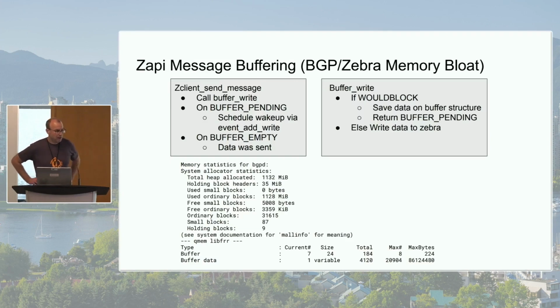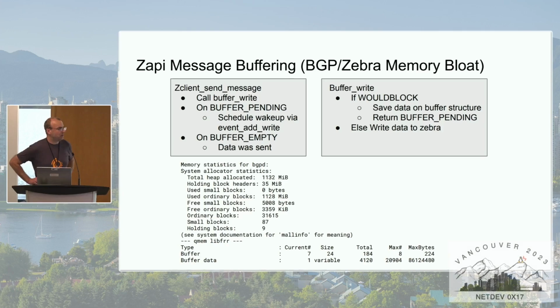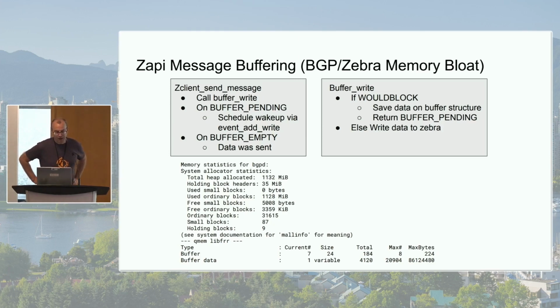All right. So how does sending data to Zebra work from the BGP side? We have this idea of a buffer, where when you call a buffer write, we will attempt to write the data to the file descriptor, and if we receive an EWOULDBLOCK, we immediately save the data to the side in a buffer data structure, and we return a buffer pending.